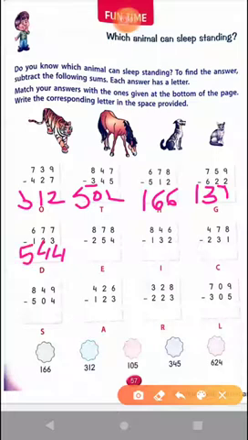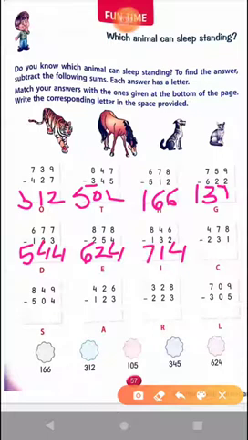The next is 878 minus 254. 8 minus 4 is 4, 7 minus 5 is 2, and 8 minus 2 is 6. Now the next subtraction is 6 minus 2 is 4, 4 minus 3, 1, and 8 minus 1, 7.